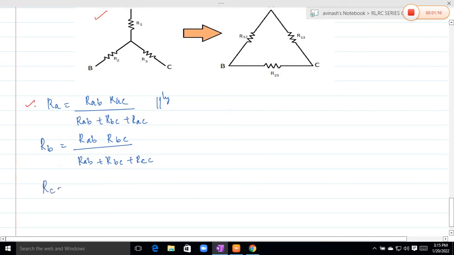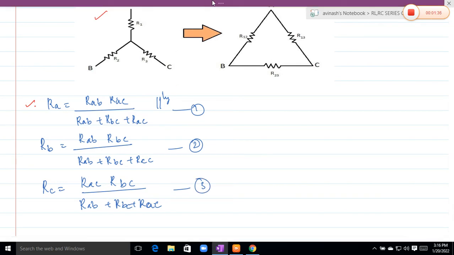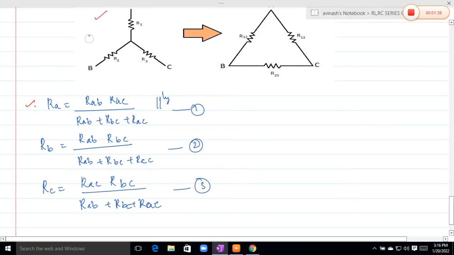The same way, RC is nothing but RAC into RBC divided by RAB plus RBC plus RAC. So these are the three equations, 1, 2, 3.